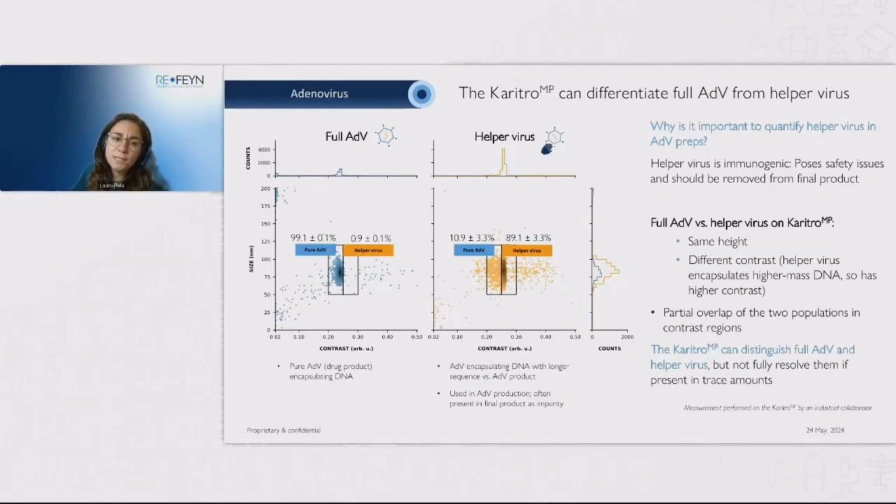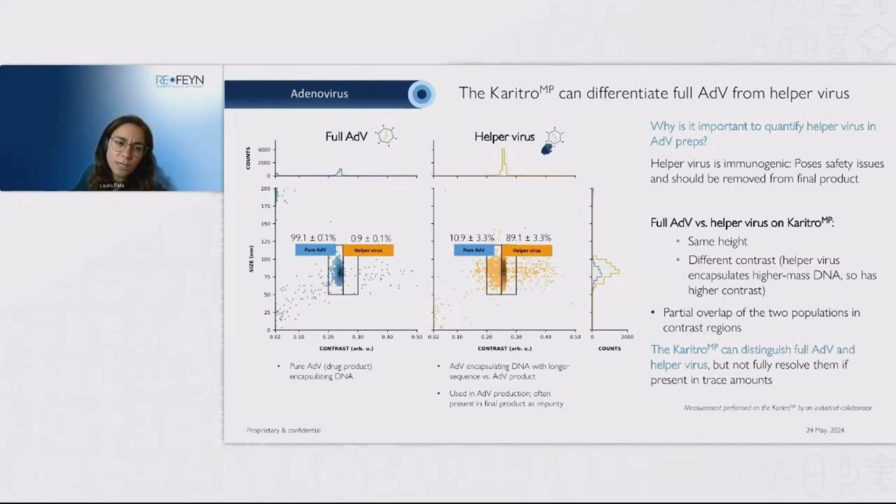If you look at this comparison, we have populations that appear at the same size for the full adenovirus and the helper virus, but slightly different contrast. The reason is that the helper virus contains a genome which is slightly larger compared to the full adenovirus, and therefore is a little heavier in terms of contrast. So there is a shift at larger contrast values.